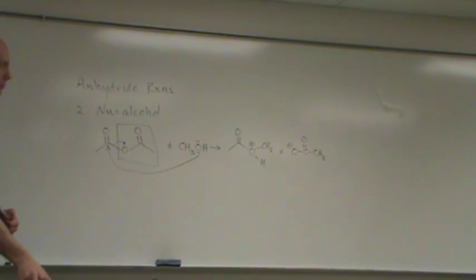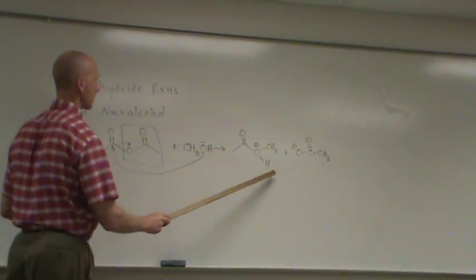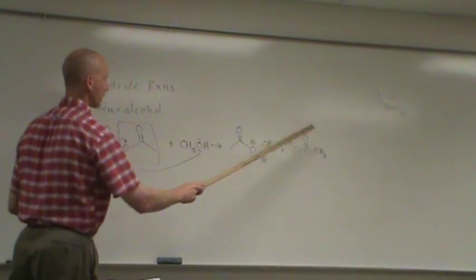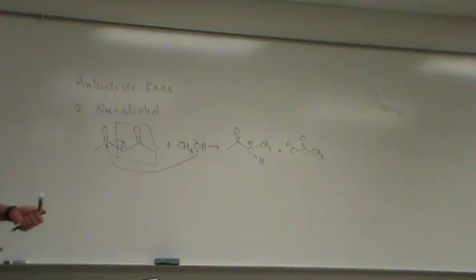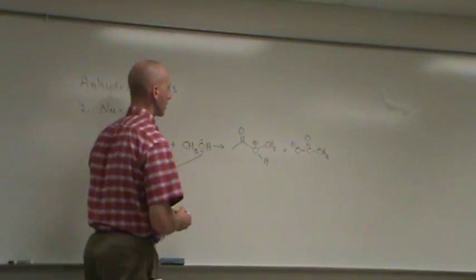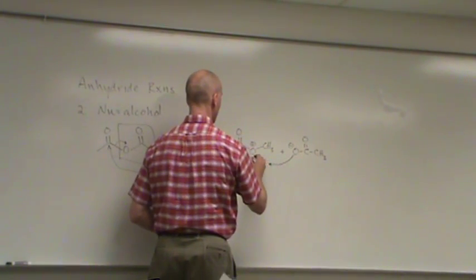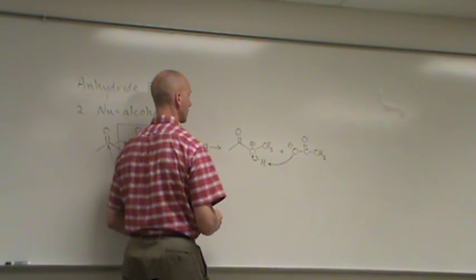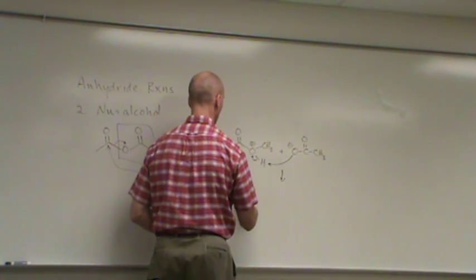So the alcohol is added on, my carboxylate has left, and then lastly, this oxygen can take an acidic hydrogen.